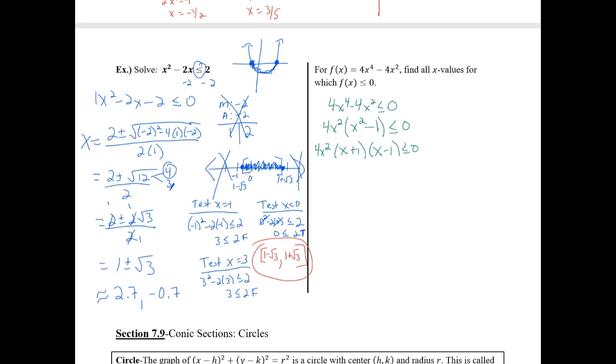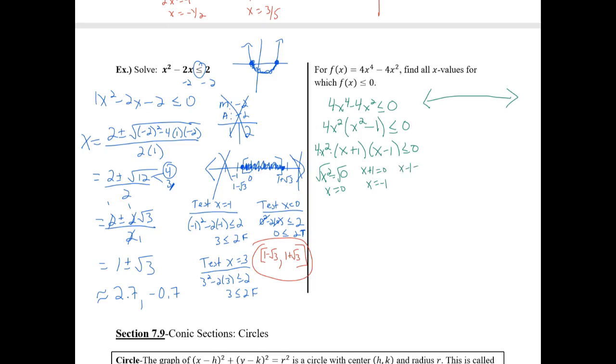So what are my critical points? What are my intercepts here? I have to set each factor equal to 0. So 4 is technically a factor, but 4 cannot equal 0. X squared is a factor, and when I square root both sides, it just means x could be 0. And x plus 1 could equal 0, which means x could be negative 1.